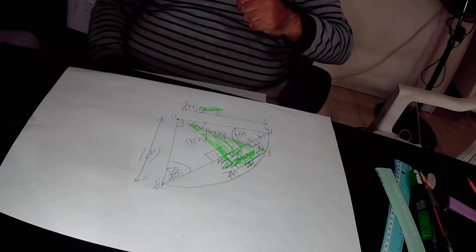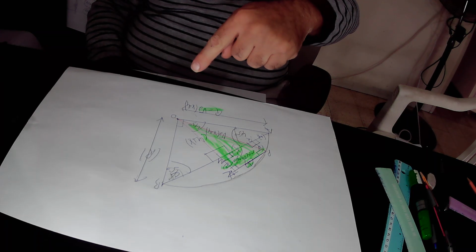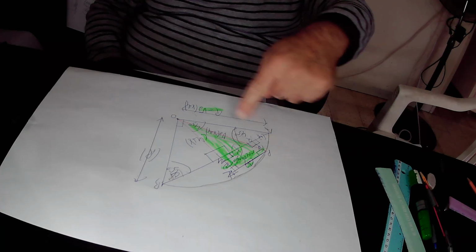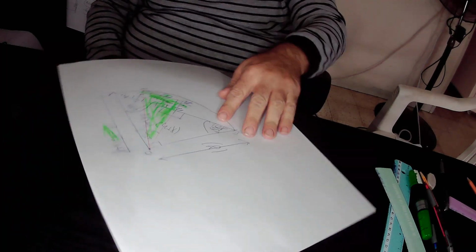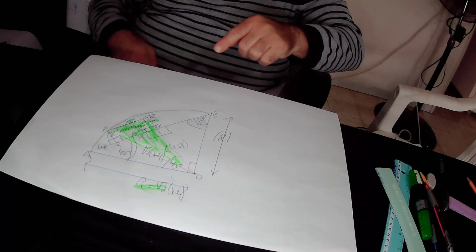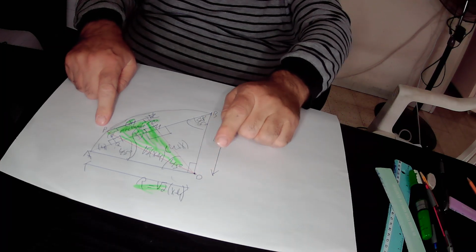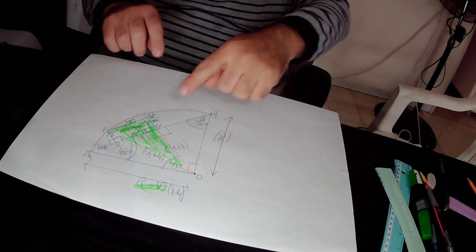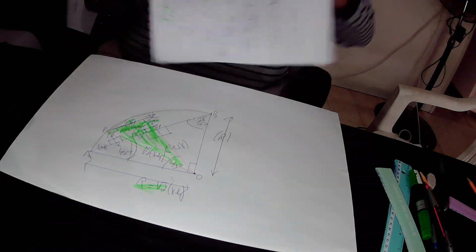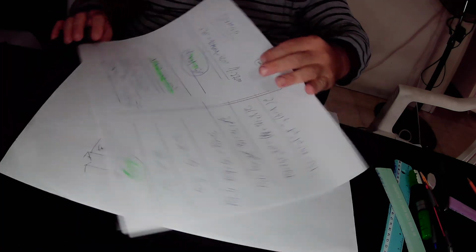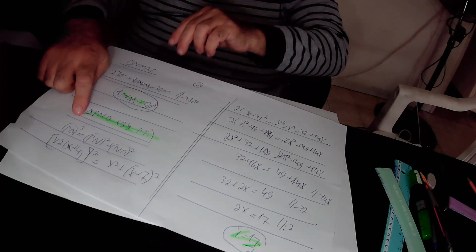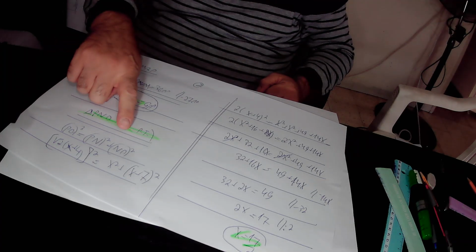The next step, we implement the Pythagoras theorem on this right triangle PNO. In this right triangle PNO, according to the Pythagoras theorem, PO squared, that is the square of the hypotenuse, equals PN squared plus NO squared.